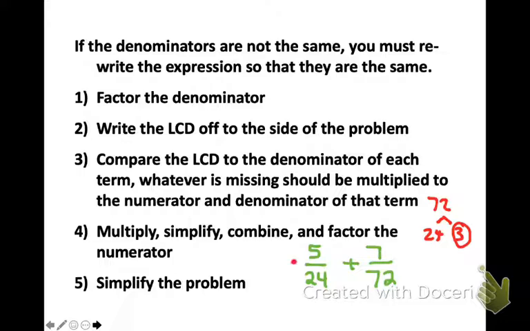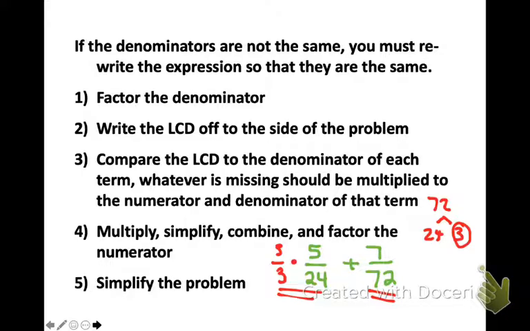So I'm going to multiply the numerator and the denominator by 3. And that's going to create common denominators. And 3 over 3 is the same as 1. So even if I had a rational expression and I'm multiplying by x plus 1 over x plus 1, it's still equal to 1. So it's changing what it looks like, but you're really using the identity property.